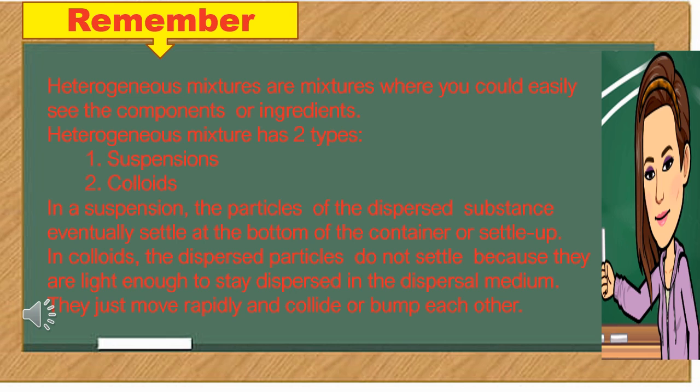In colloids, the dispersed particles do not settle because they are light enough to stay dispersed in the dispersal medium. They just move rapidly and collide or bump each other.